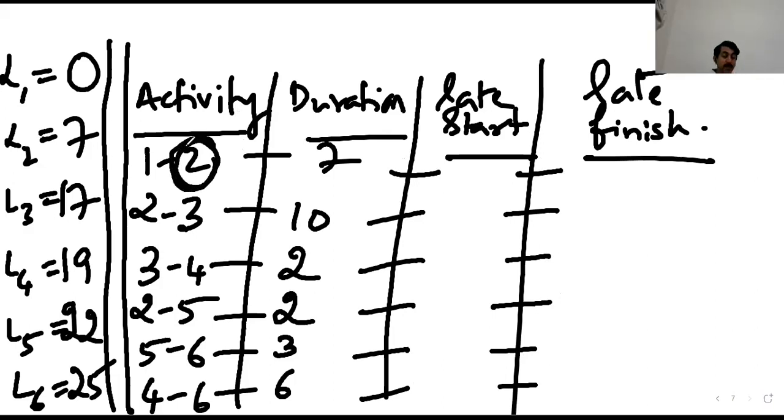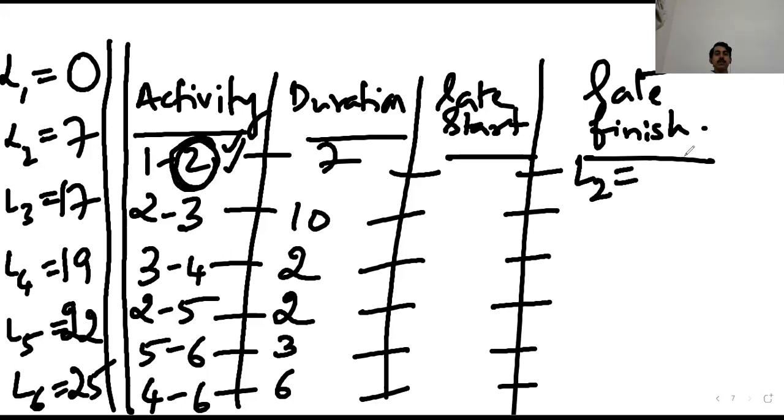In the earlier calculation, that is early start and early finish, we observed the node from which the activity started. That was node 1. But in this case, we are checking on which node the activity finishes. So that is the reason we have to consider the same value.